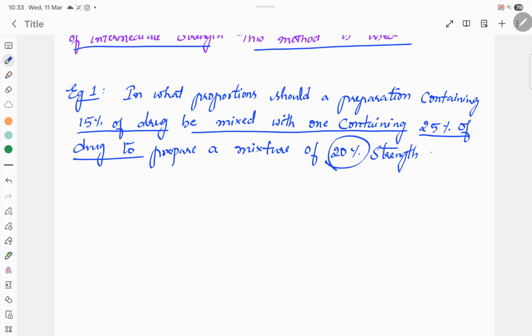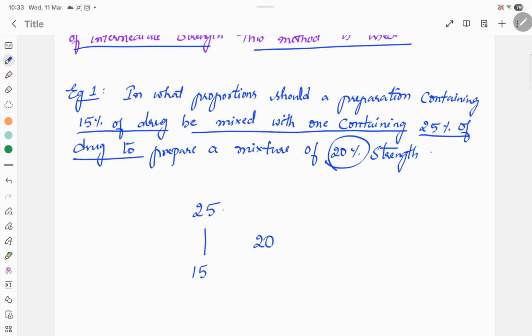By mixing these two, they are asking you to prepare the 20% of the drug.